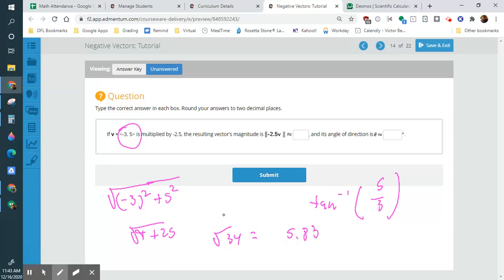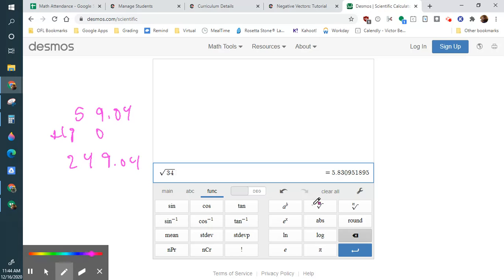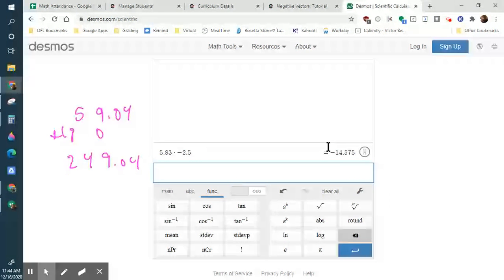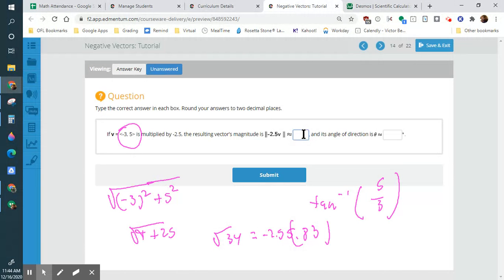You're going to multiply that by negative 2.5. There's just so much room for round off errors that I can't believe Desmos doesn't account for. 5.83 times negative 2.5, you're going to get negative 14.58. I don't remember what I said the answer was last time.